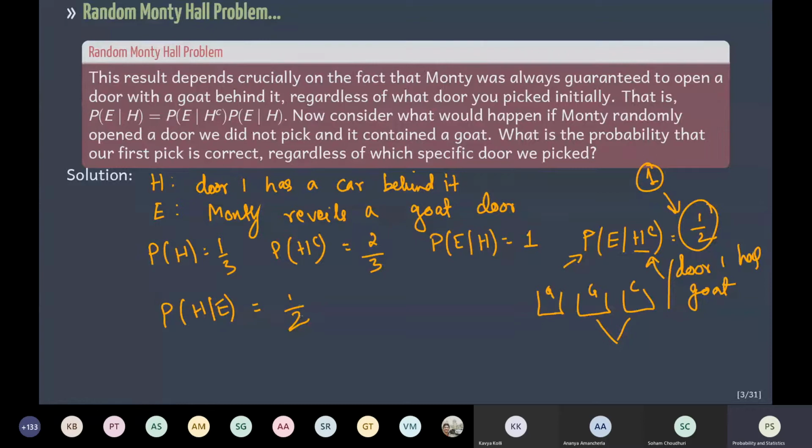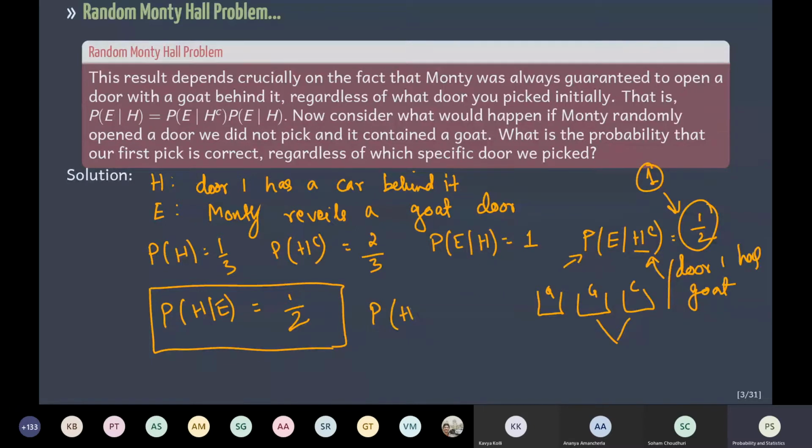So the probability that door 1 has a car behind it, if Monty randomly picks a door, then your probability of winning the car remains half. Obviously in this case, whether you switch or don't switch doesn't matter. It still remains half.